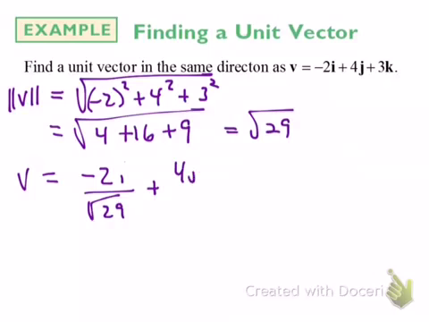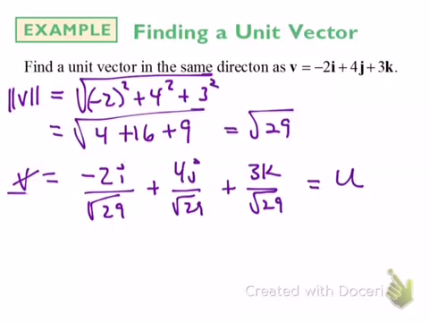And we have 4j, we divide it by the square root of 29. And then 3k, divided by the square root of 29. And then there you go, so that v now becomes the u, because we took the v and divided it by the magnitude. Okay, so there's the unit vector.